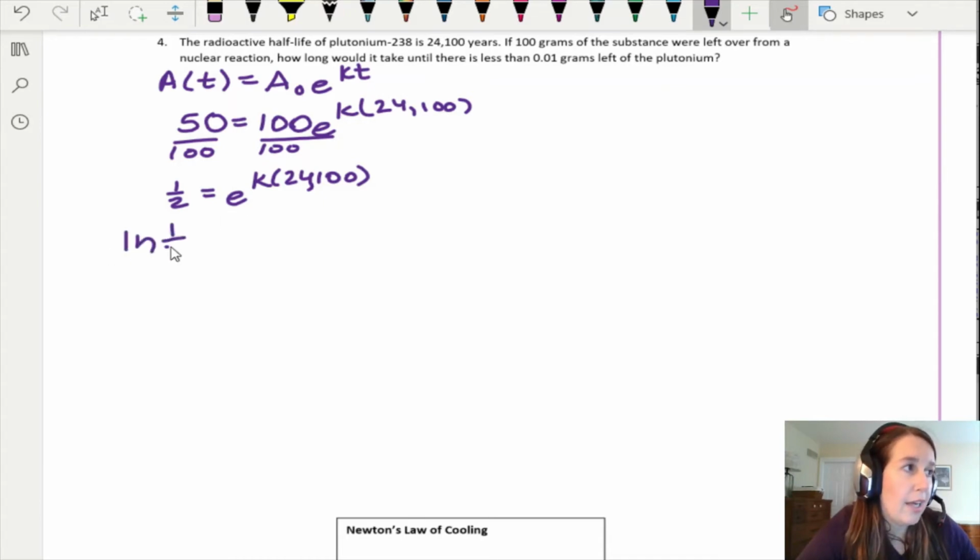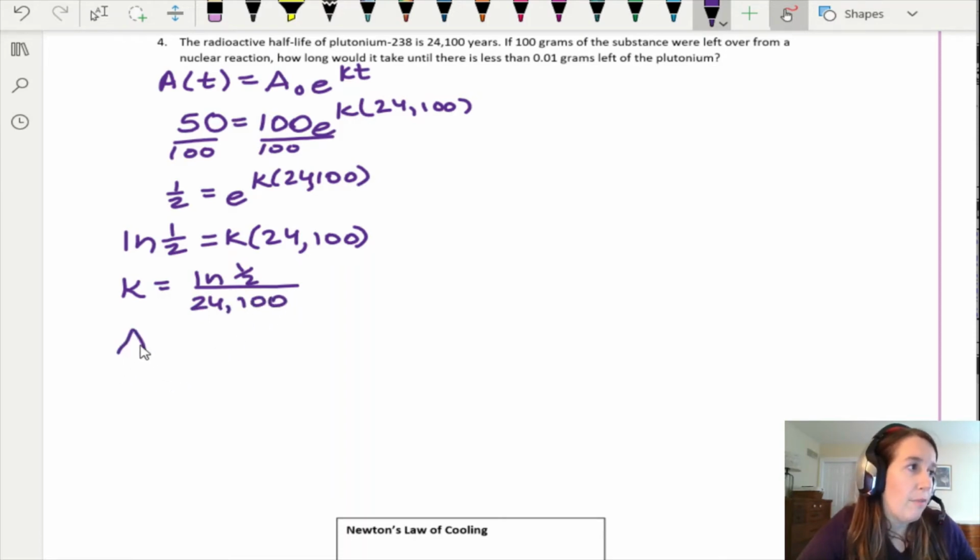So that's the ln of 1/2 is equal to K times 24,100. We're solving for K, so divide both sides by 24,100. So K is equal to the natural log of a half divided by 24,100.